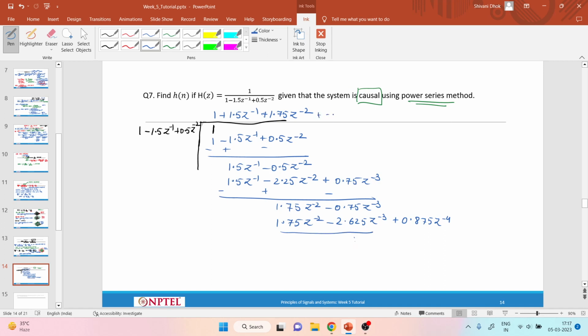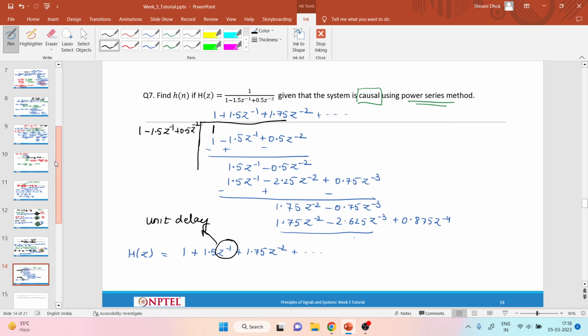This will continue for all the values of z. So this h of z we can write as 1 plus 1.5 z inverse plus 1.75 z to the power minus 2 and so on. Now this z to the power minus 1 implies that this is a unit delay.